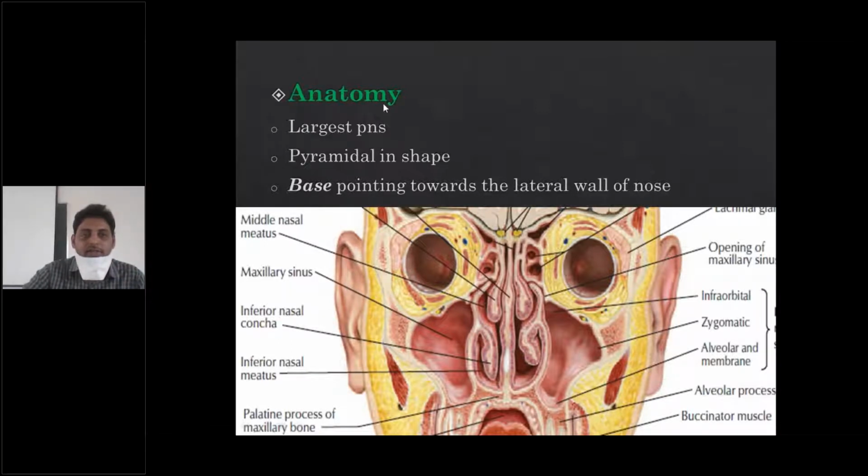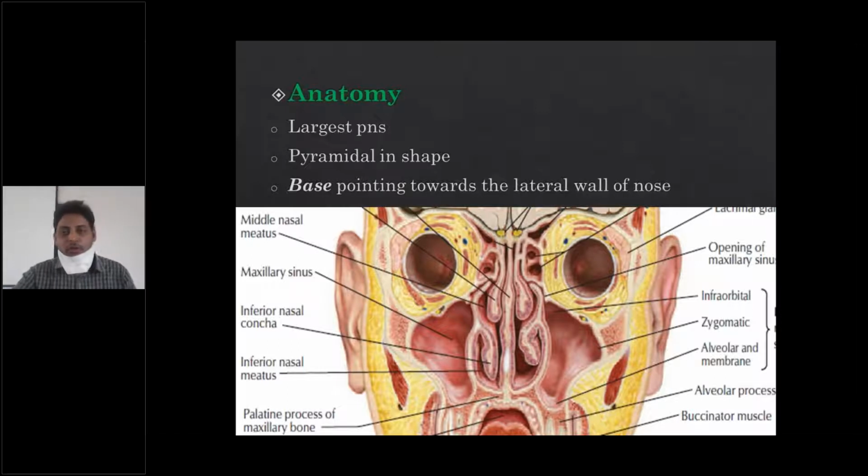The capacity of the maxillary sinus in an adult is up to about 30 ml. This maxillary sinus is also known as the antrum of Highmore. Maxillary sinus or maxillary antrum, these are the other names. You may also get a question like this: which is known as the antrum of Highmore?